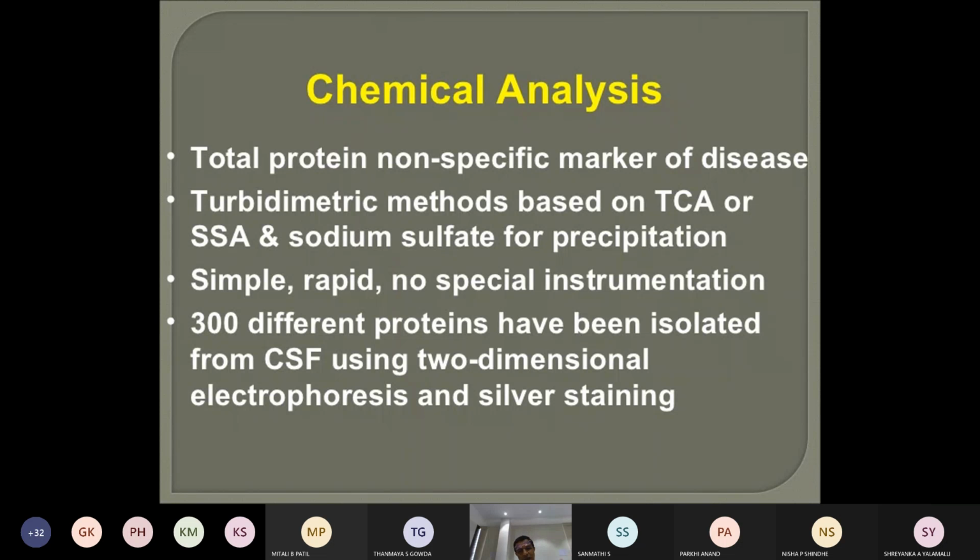So in a specific disorder, for any protein we want to isolate, we use the electrophoresis technique, and in this two-dimensional way we can estimate and obtain the subfractions of the proteins.